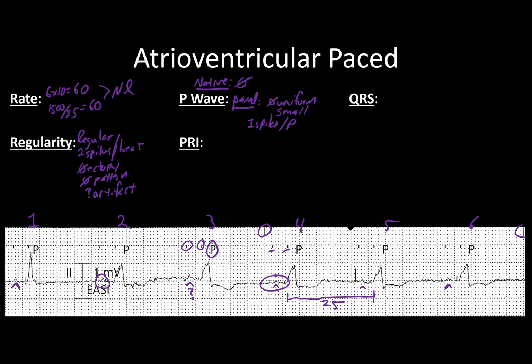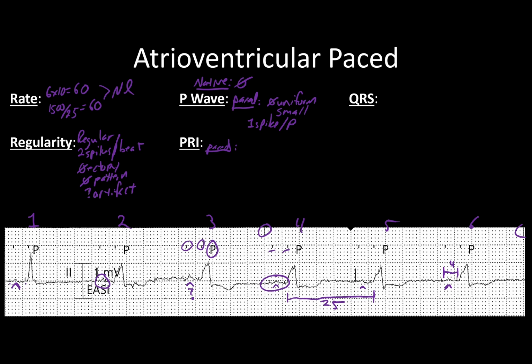So since we have our spikes, let's go ahead and try and figure out what the PRI might be. We'll use beat number 6 here because it's pretty clear. One, 2, 3, 4. Now this is a bit tricky if you really want to think about it, because the patient is getting AV paced.